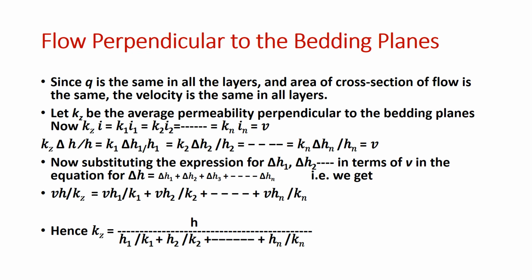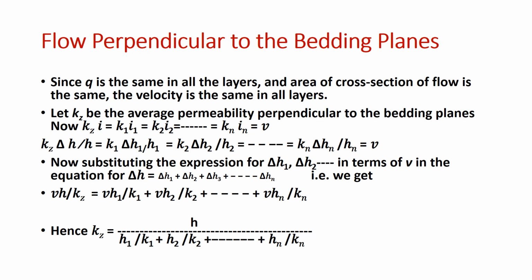Then kz into i will be equal to k1 i1 for the first layer, k2 i2 for the second layer, and so on, kn in, equal to V. Then kz into delta H upon H equals k1 of delta h1 upon h1, and so on until kn delta hn upon hn, equal to V.